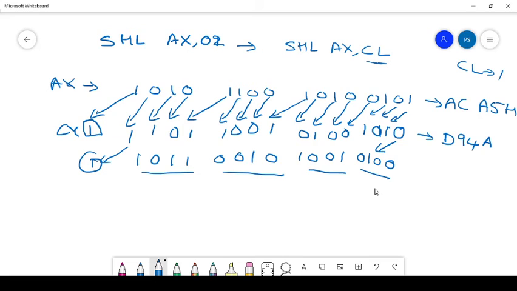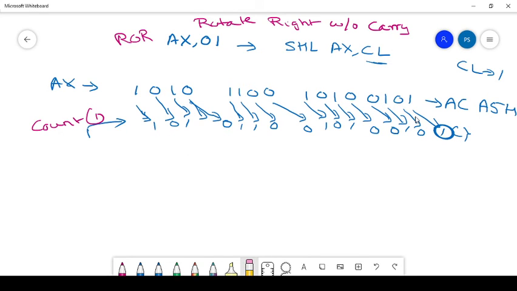So now we'll see, this becomes 1. So forget about this one, just we'll see. So all the bits are rotated, shifted one bit right, and the LSB bit is moved to the carry flag as well as it is moved to the MSB.